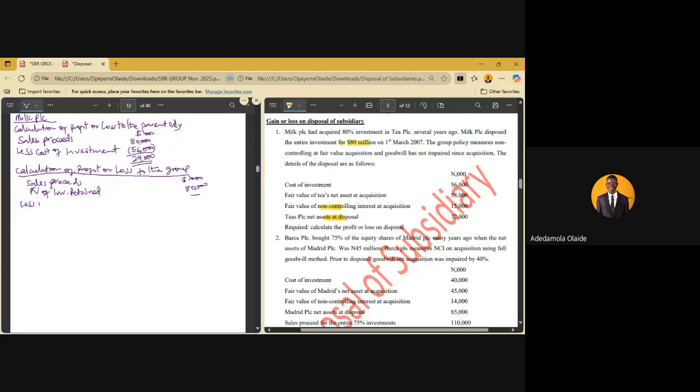Less Milk's share of net assets. So we'll have what?